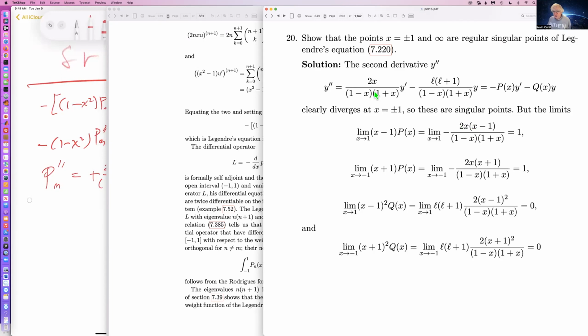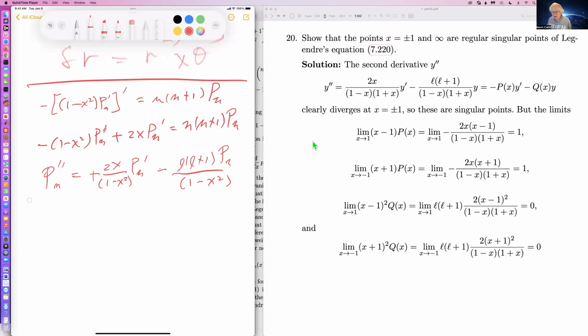And so what we do is we say, well, it obviously diverges at x equal to plus or minus 1. And so we multiply by x minus 1, and we take the limit as x goes to 1.